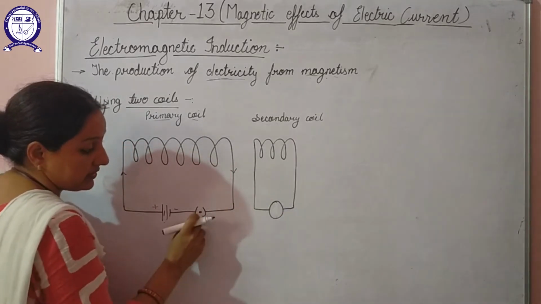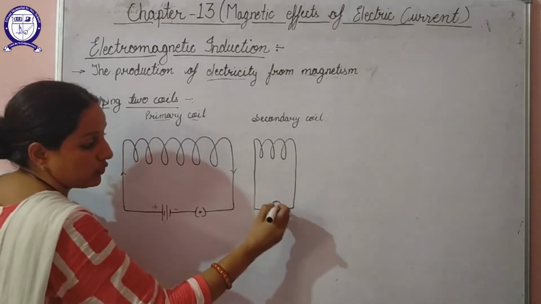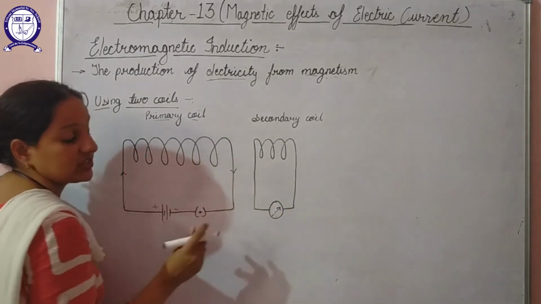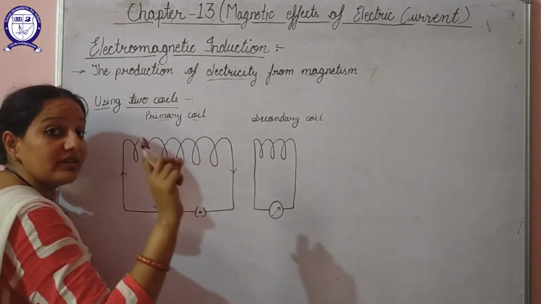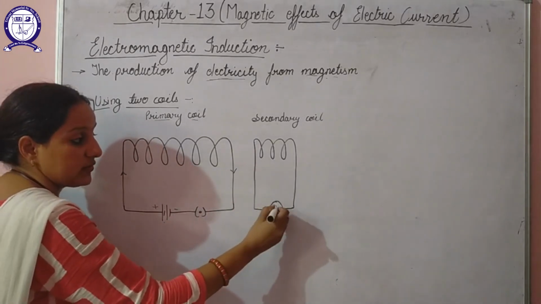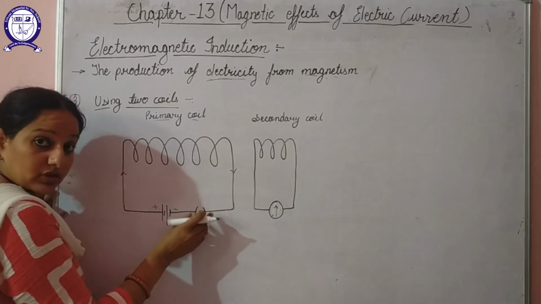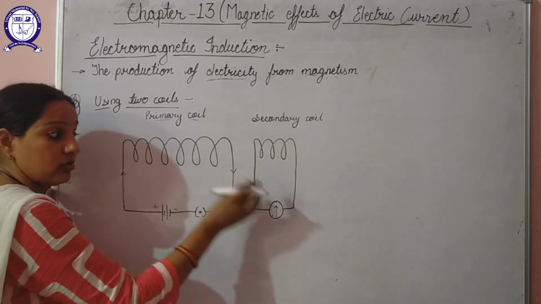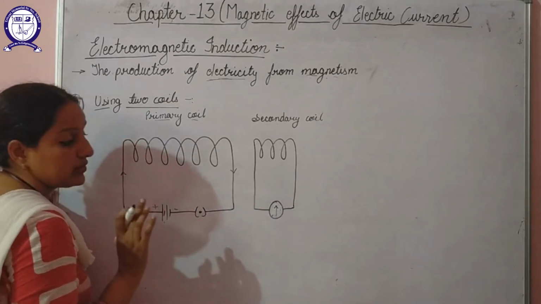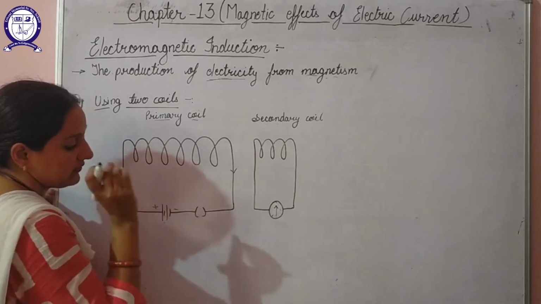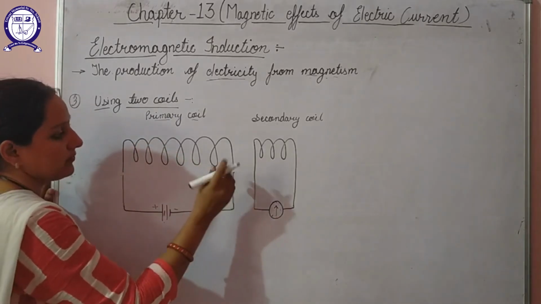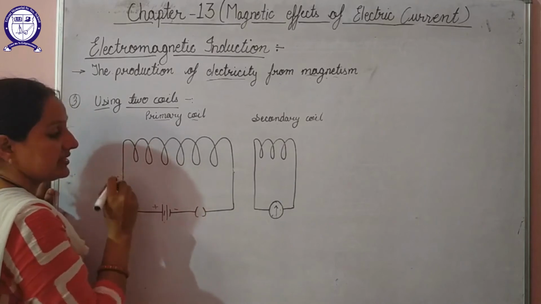But when we turn on the key, current starts to flow. At that time, there was some deflection observed in this galvanometer once, and then it comes to 0. If the key is still on, the galvanometer does not show any deflection.